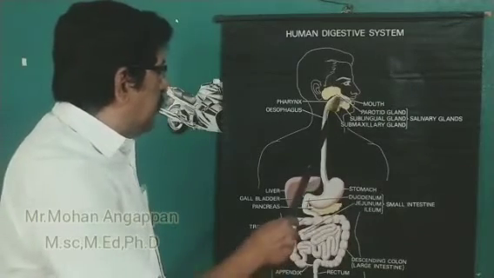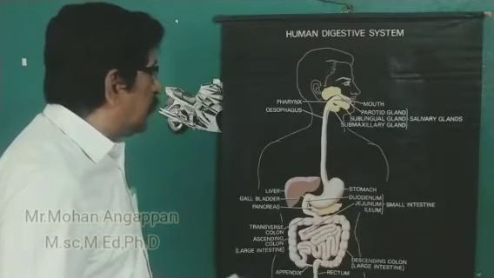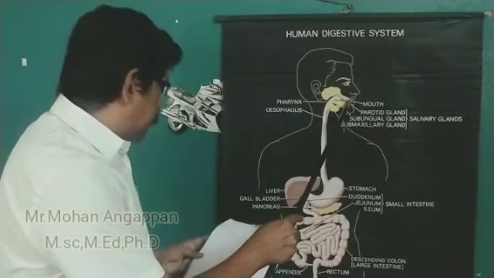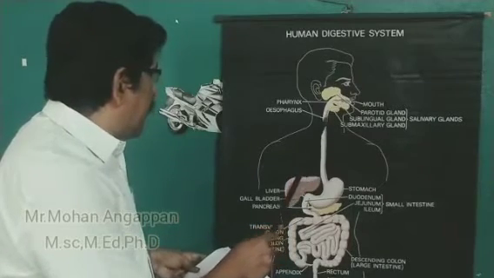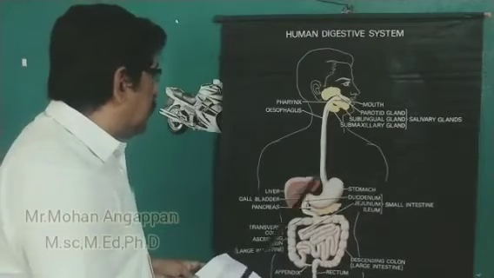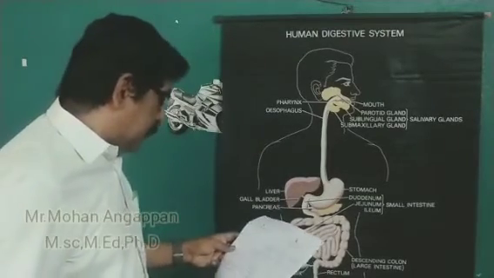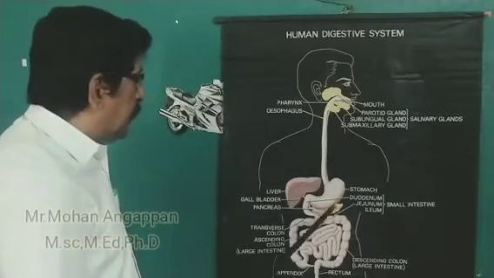The whole alimentary canal is divided into three parts: mouth, buccal cavity, pharynx and esophagus. Up to this point, this is called the foregut or stomodeal region.